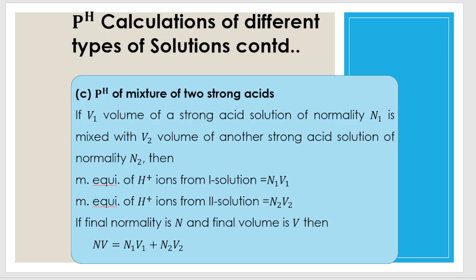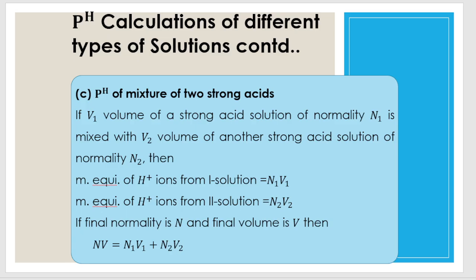Suppose they ask us to calculate the pH of a mixture of solutions. If we take two strong acids and mix them, what will be the resultant concentration? In the concentration topic, we already know this.